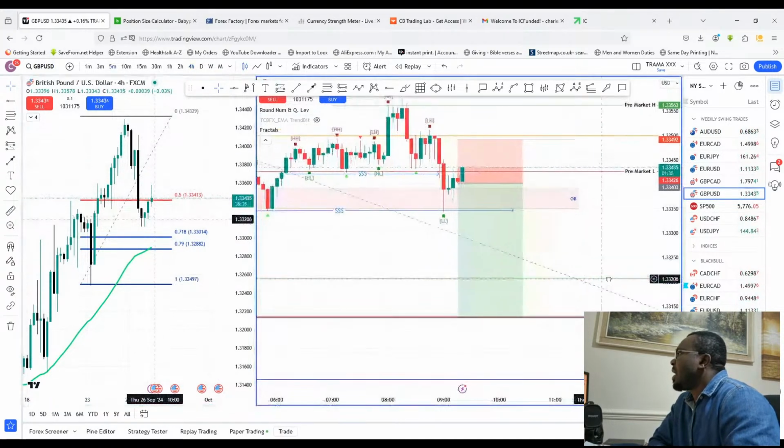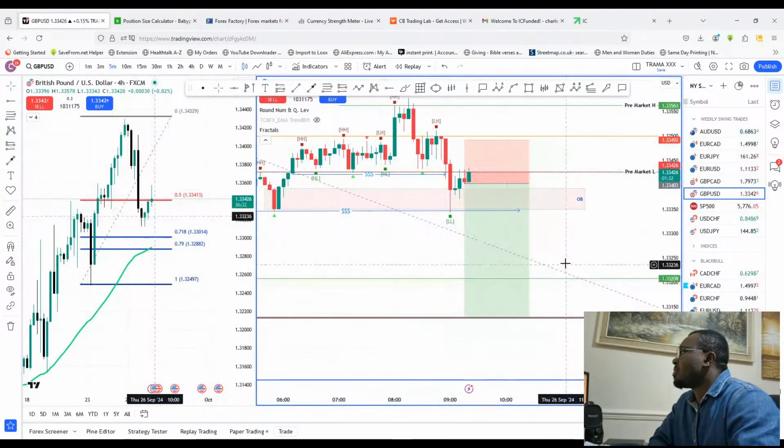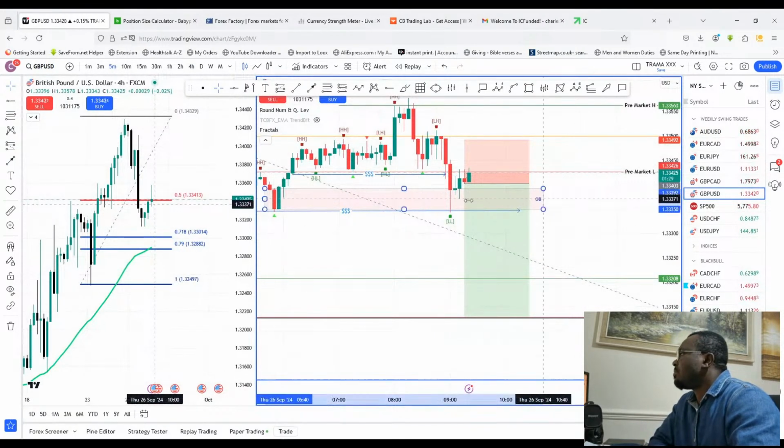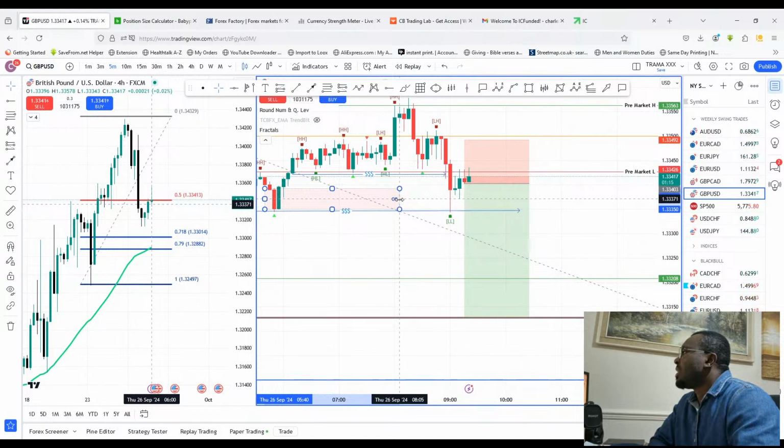So at the moment, there is no entry. I'm just analyzing the market. I just want you to know this is analysis. And price is sitting here on an order block, so it's a very difficult decision to try to trade from that level. But if the next candle closes bearish, then that will indicate an entry.